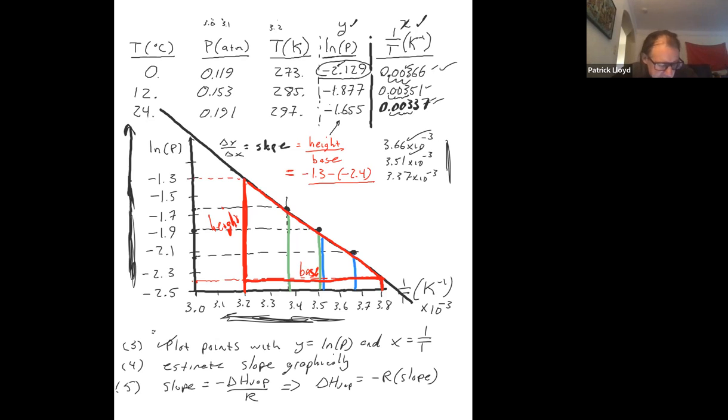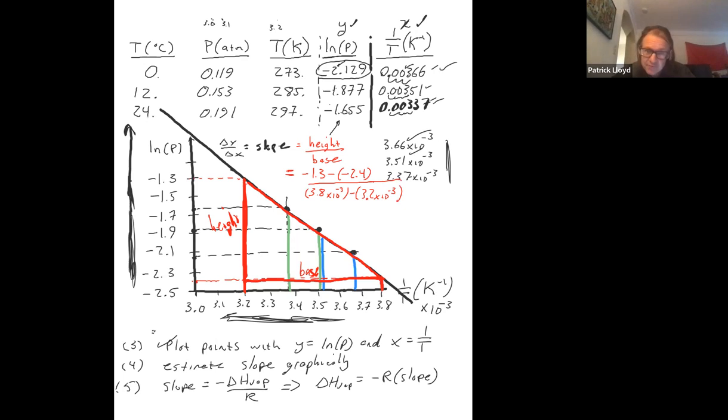Okay, now we're going to do the delta x, the base. So the base goes from 3.2 to 3.8. So 3.8 times 10 to the minus 3 minus 3.2 times 10 to the minus 3. Don't forget that 10 to the minus 3. That 10 to the minus 3 is important.